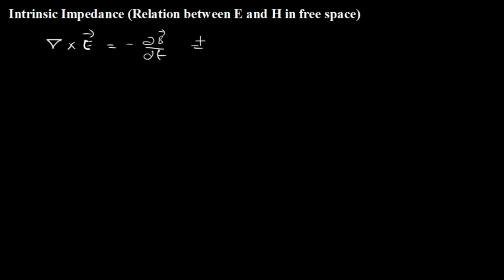Starting from this, we obtained del Ex by del z equals minus mu del Hy by del t.